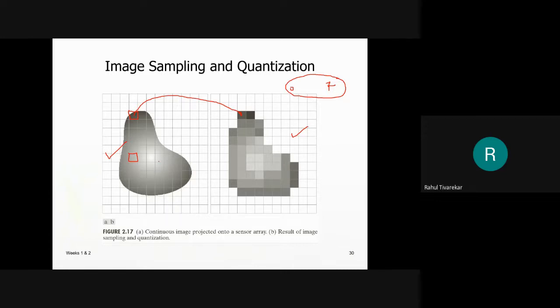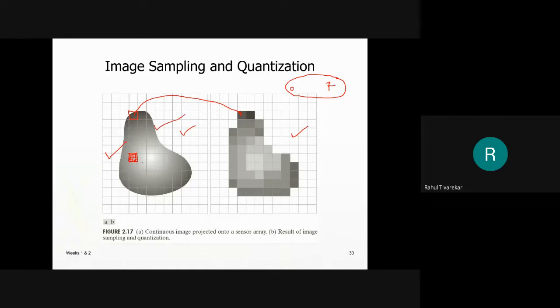Further, if I use a larger number of pixels, that means instead of using this 1 pixel, if I use 4 pixels here, then I can have a more accurate representation of this graph. Further, instead of 4, if I divide further and make 4 here, 4 here, 4 here, and 4 here, so total 16 pixels out of that single pixel, then that will give me a further better approximation of the actual image.